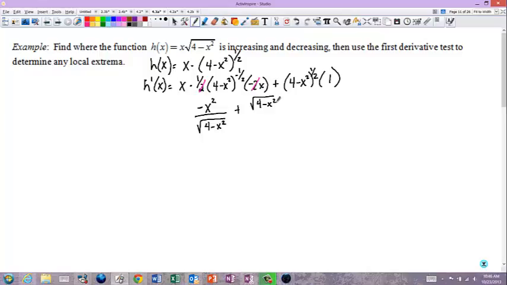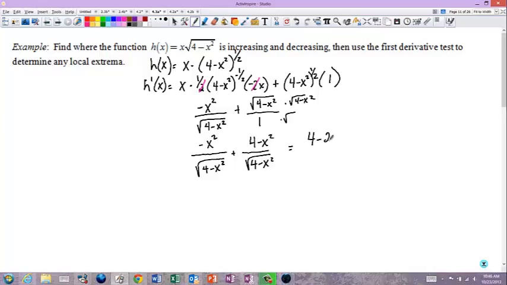You're going to have to get a common denominator, which would be the square root of 4 minus x squared. If you multiply it on the bottom, you have to multiply it on the top. So this one did not change. The square root of 4 minus x squared times the square root of 4 minus x squared is just 4 minus x squared. Then we can combine like terms on the top. That's going to be 4 minus 2x squared over the square root of 4 minus x squared.